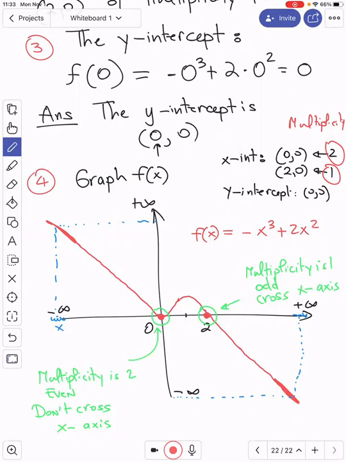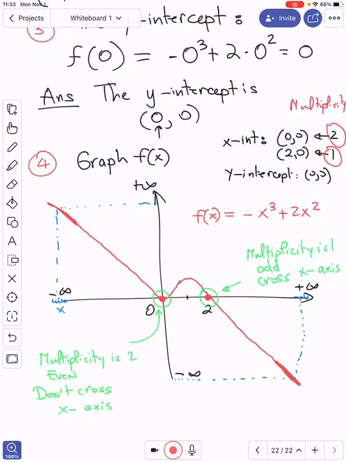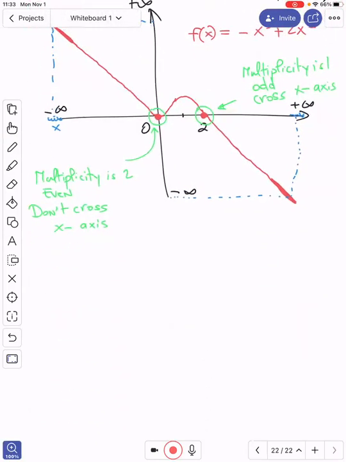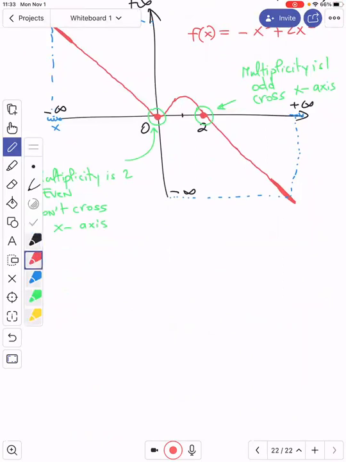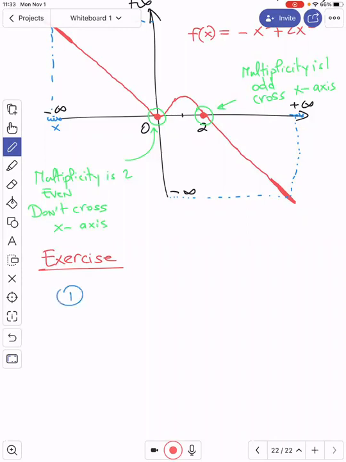So here's an exercise for you guys in the last 20 minutes, a couple of polynomials to graph. Let's have a couple of functions.